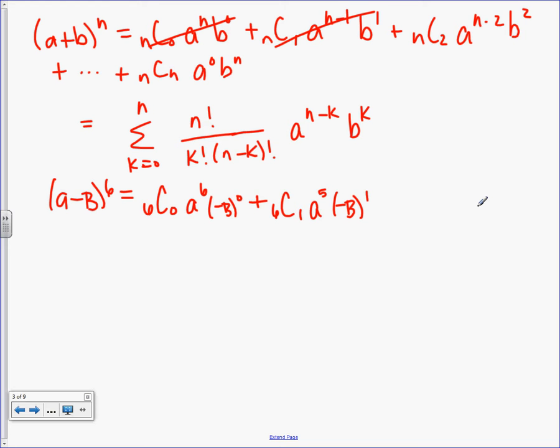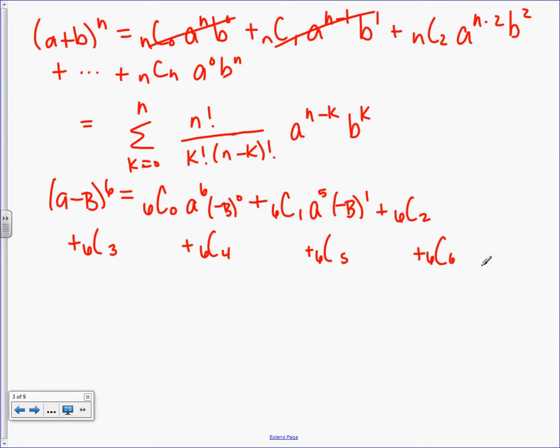Okay. So typically here is where I kind of understand the pattern. Okay. So do you see how it's 6C0, 6C1? What's the next one going to be? 6C2, blah, blah, blah. 6C3, blah, blah, blah. 6C4, 6C5, 6C6.